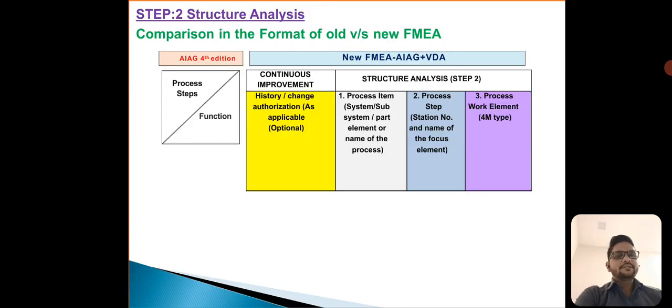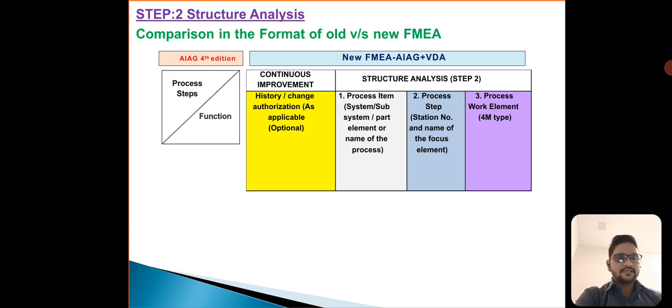Now second is structure analysis. In the previous AIAG 4th edition, there were process step and process function. Now process step and function become the structure analysis in the new FMEA, AIAG and VDA. First is process item, meaning the system, subsystem, and component level.